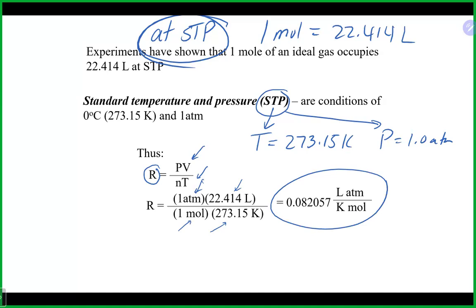Not that we'll come across it too much in this class, but there are different versions of the gas constant. This is the one that you should always use for the ideal gas law. There is a gas constant that has energy units involved with joules. Don't use that one here. You want to use the 0.082 version.